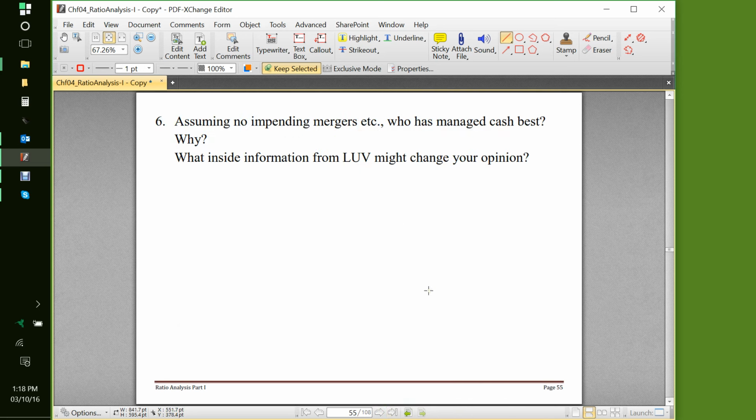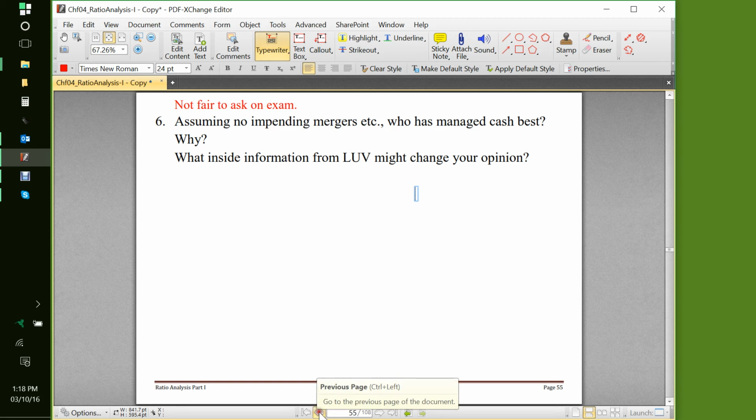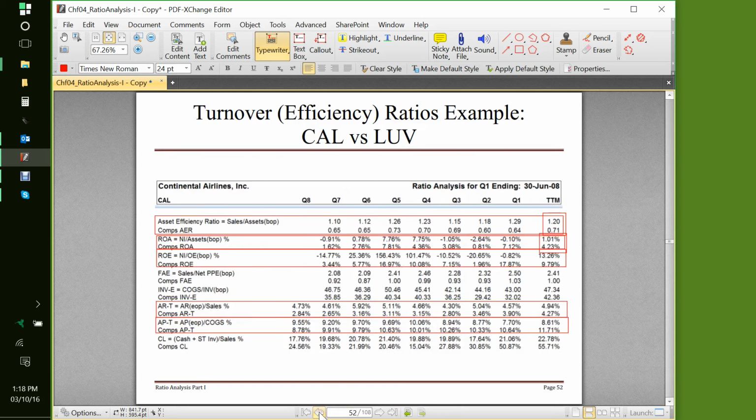Assuming no impending mergers, etc., who has managed cash best and why? What inside information from Love might change your opinion? This would be really not fair to ask on the exam because you don't really have enough experience yet, but I want to answer it anyway because it's kind of interesting.